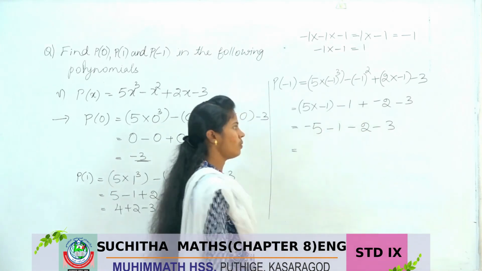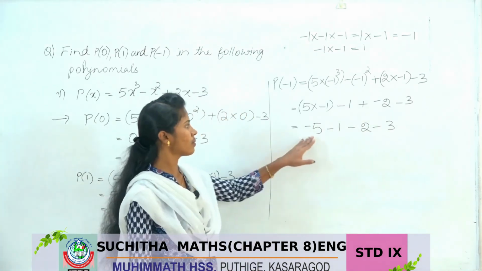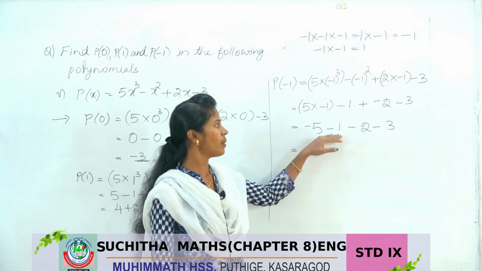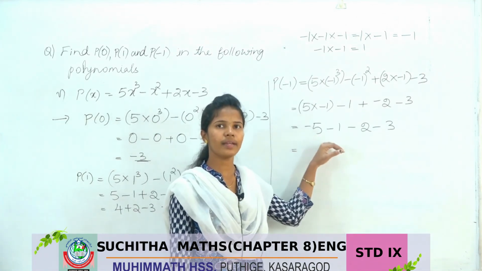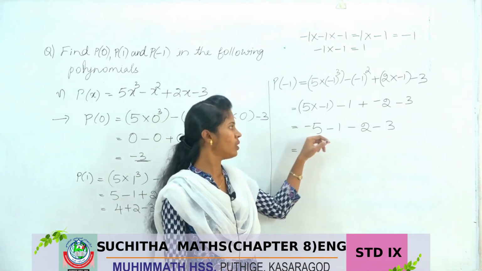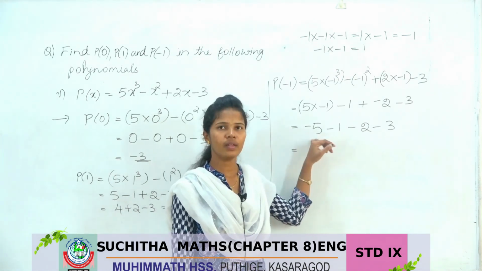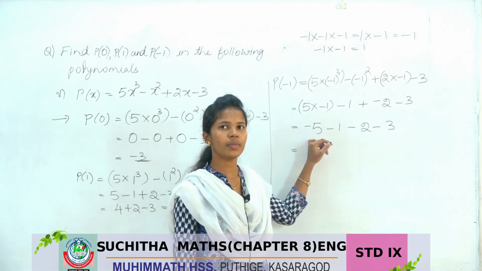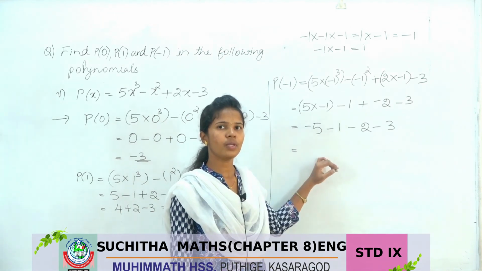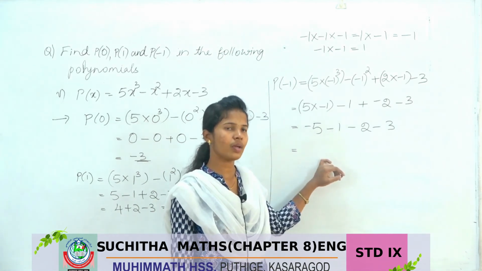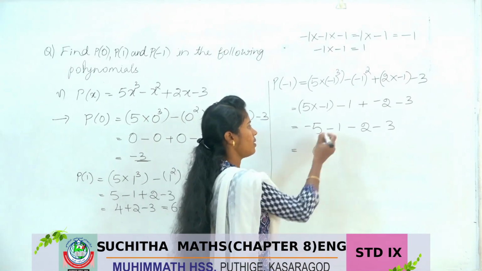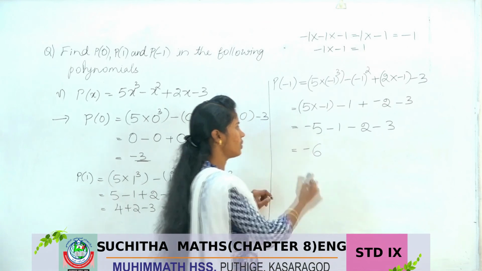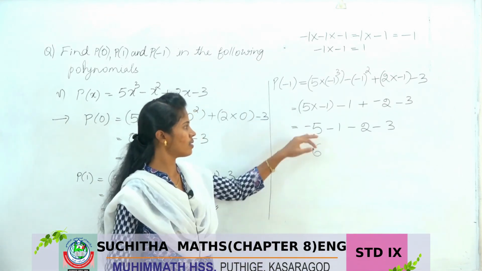Now add this. Okay, minus 5 minus 1, here both the numbers are negative. If both the numbers are negative, then you first add these two numbers and put a minus in the answer. Okay, so here 5 plus 1 is 6 and the sign is minus.